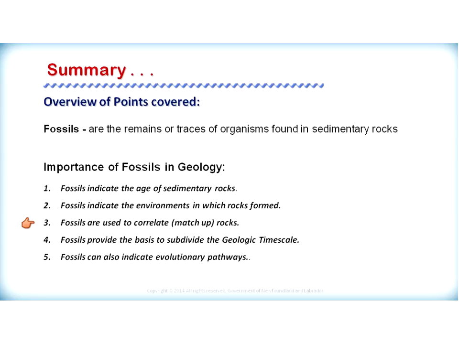Fossils can indicate the environment in which a rock formed. Fossils are used to correlate or match up rock layers over wide geographic areas. Fossils also provide the basis to subdivide geologic time. And fossils can indicate evolutionary pathways.